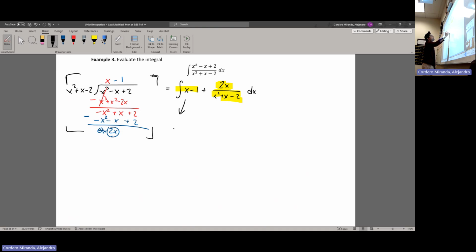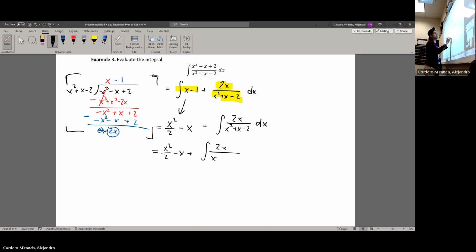Antiderivative of this would be x squared over 2 minus x plus antiderivative of this fraction. What's the antiderivative of the fraction? Well, I need to do partial fraction decomposition. So how does this factor? This turns into x squared over 2 minus x plus 2x over, how does this factor? x plus 2 times x minus 1.